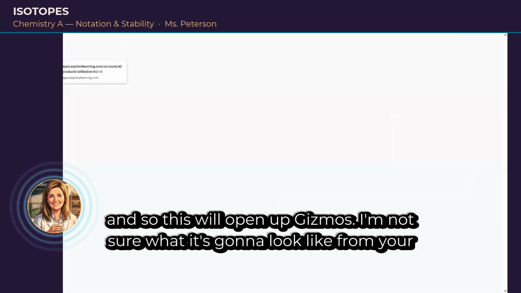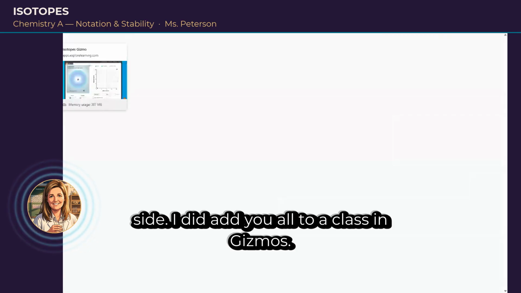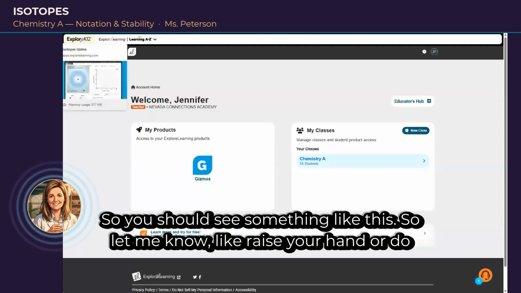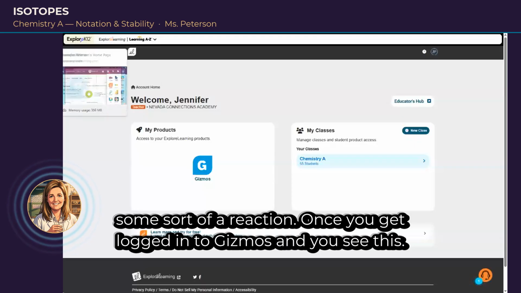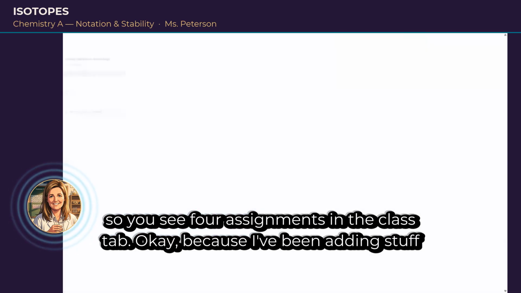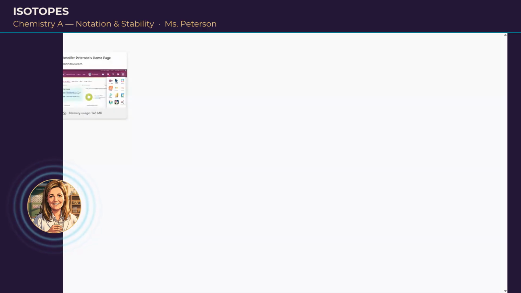I'm not sure what it's going to look like from your side. I did add you all to a class in Gizmos. So you should see something like this. Let me know, raise your hand or do some sort of a reaction once you get logged into Gizmos and you see this. Okay, so you see 4 assignments in the class tab, because I've been adding stuff that I think I want to use this year. So click on the one that says isotopes.